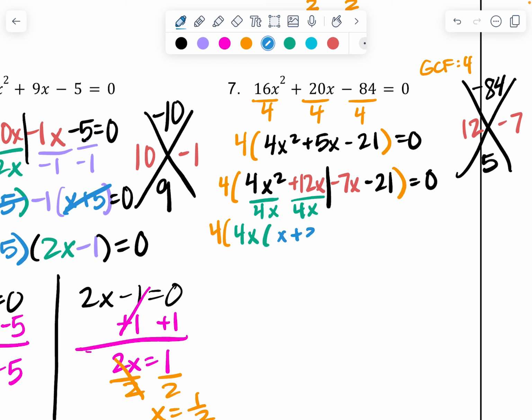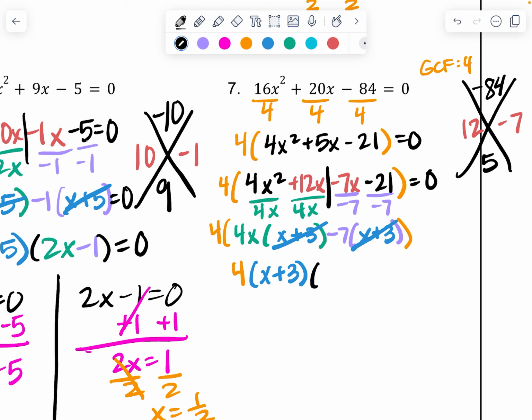X plus 3. Negative 21 divided by 3 is negative 7. X plus 3. So fully factored is 4 times x plus 3 times 4x minus 7.